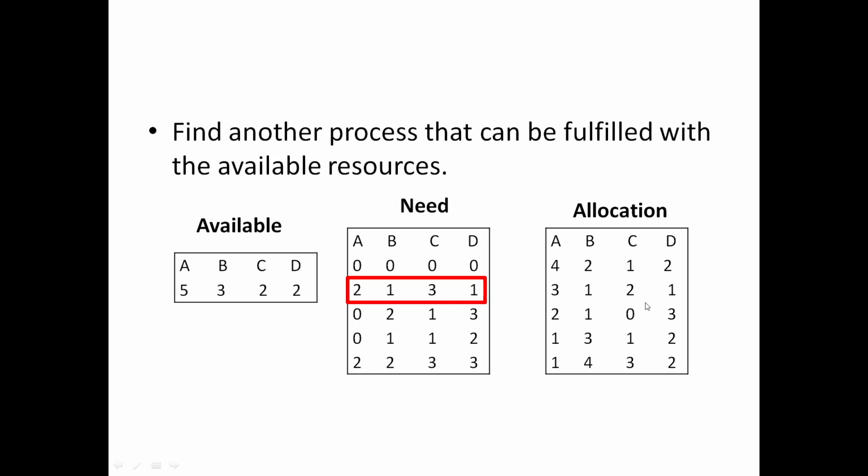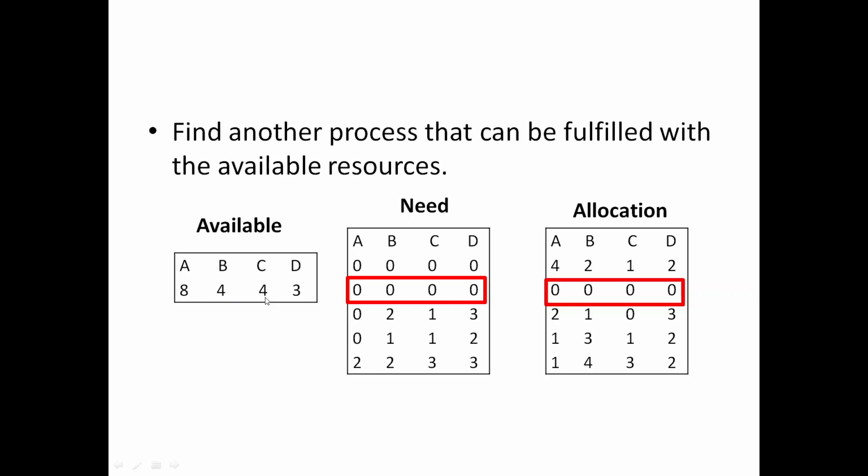So we immediately add these resources to the available. So 5 plus 3 becomes 8, 3 plus 1 becomes 4, 2 plus 2 becomes 4, and 1 plus 2 becomes 3, and everything becomes 0 for the P1 process. So this leads to this particular data. So we have got back all the allocated resources from P1.